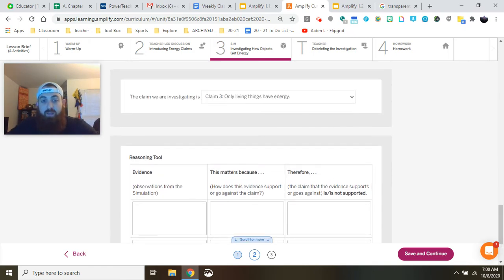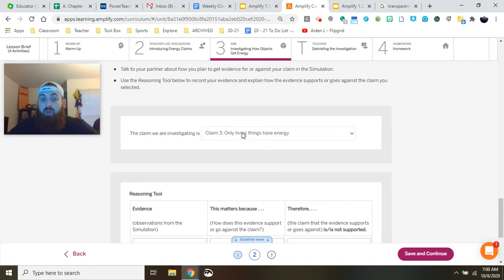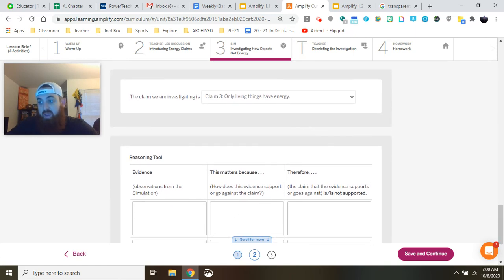So let's use an example as to how I would use evidence to oppose this claim, okay? So one piece of evidence that I observed in my simulator, the one that I showed you earlier, is that potential energy from the fuel was converted within the system to create kinetic energy and move the motor. Now notice, this is just something I observed. This really means nothing until I start filling out these next parts.